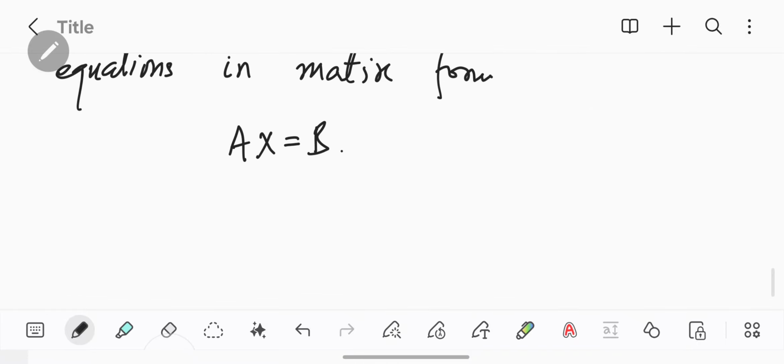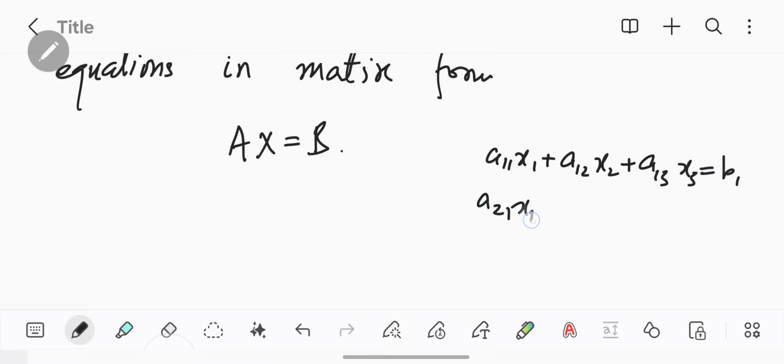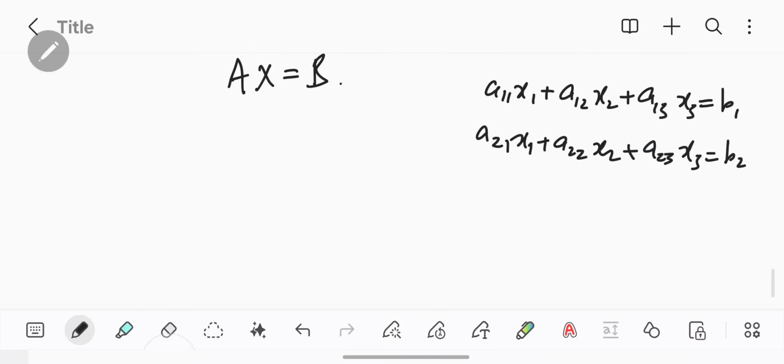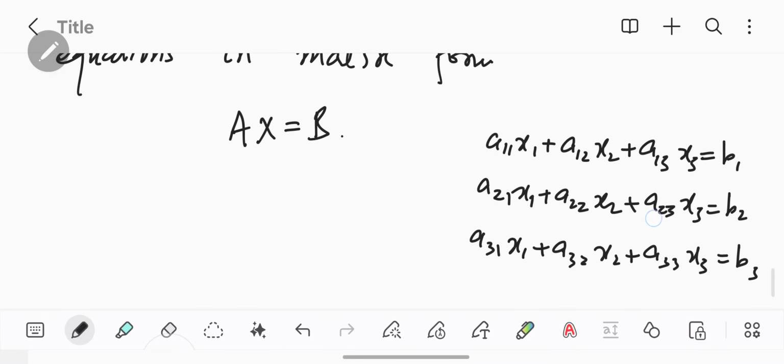For example, if I have a system of 3 linear equations with 3 variables, for example, a11x1 + a12x2 + a13x3 = b1, and a21x1 + a22x2 + a23x3 = b2, and a31x1 + a32x2 + a33x3 = b3.